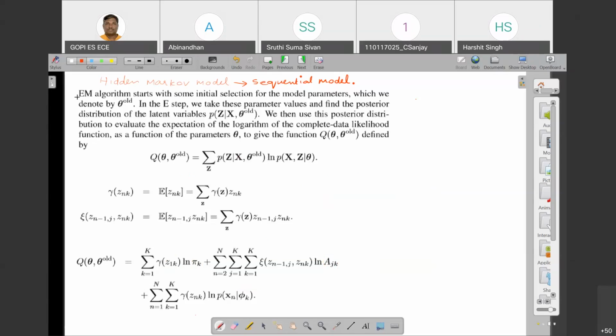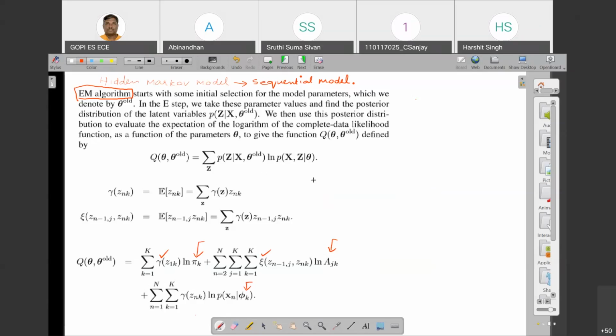In short, we call this an EM algorithm, expectation maximization algorithm. So now what we have to do is get the expression for pi k, ajk, and of course mu k, sigma k, everything, in terms of gamma and zeta, which in turn need the values of pi k, sigma k, all those things.